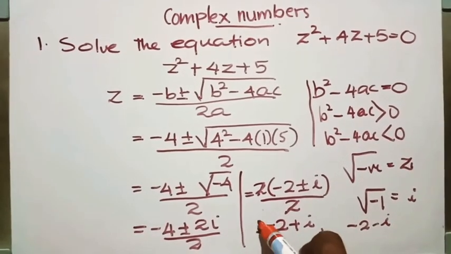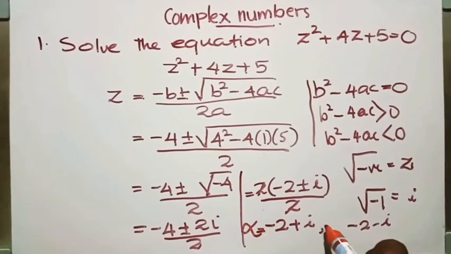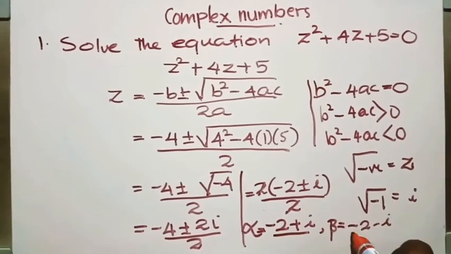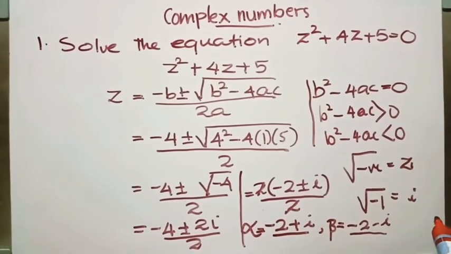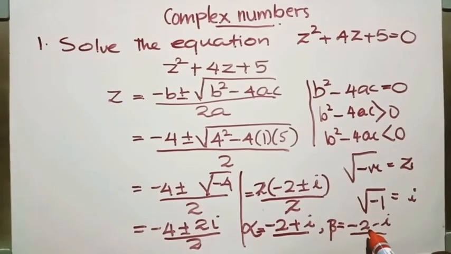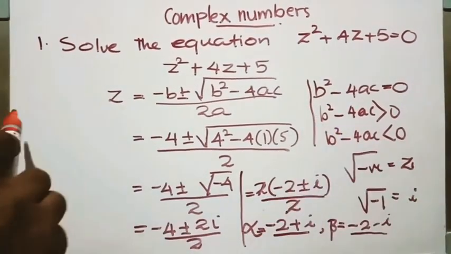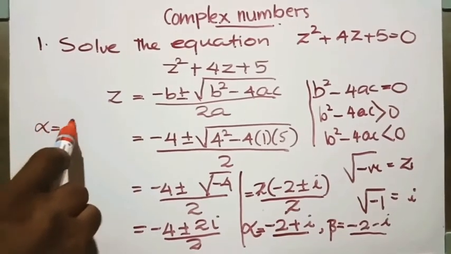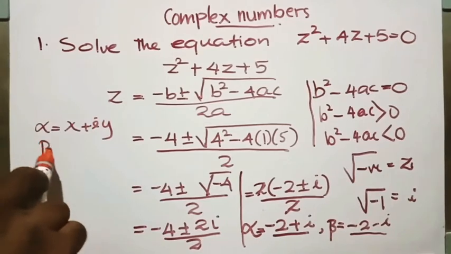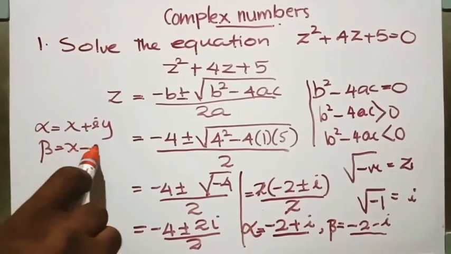Normally we denote this root as alpha and this root as beta in our solution. And you check alpha and beta, they are always related to each other in complex numbers. If alpha is x plus iy, then beta will be x minus iy.